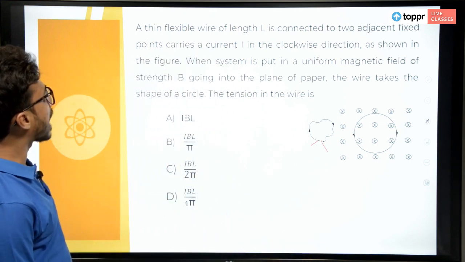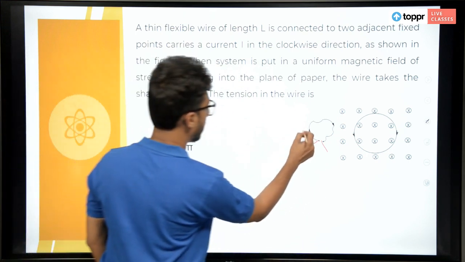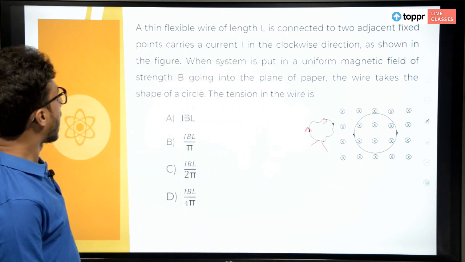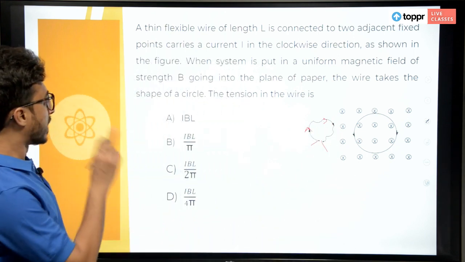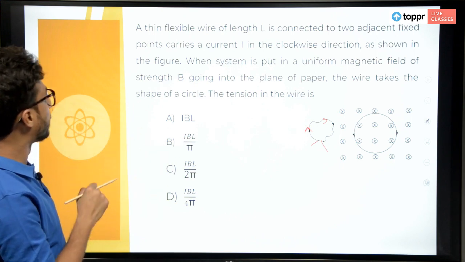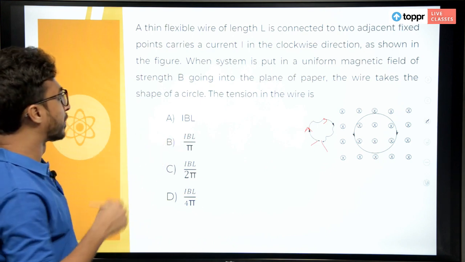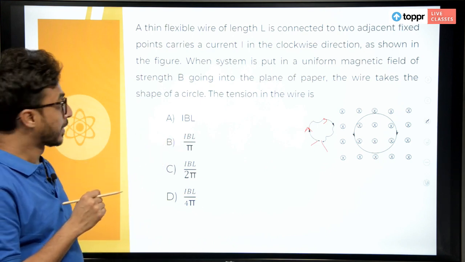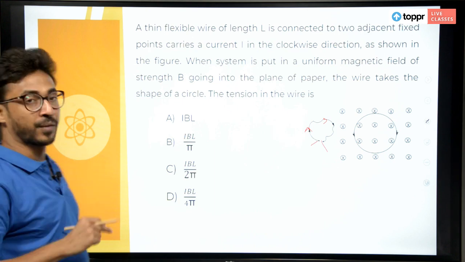It carries a current I in the clockwise direction as shown in the figure. When the system is put in a uniform magnetic field of strength B going into the plane of the paper, the wire takes the shape of a circle. We have to find the tension in the wire.